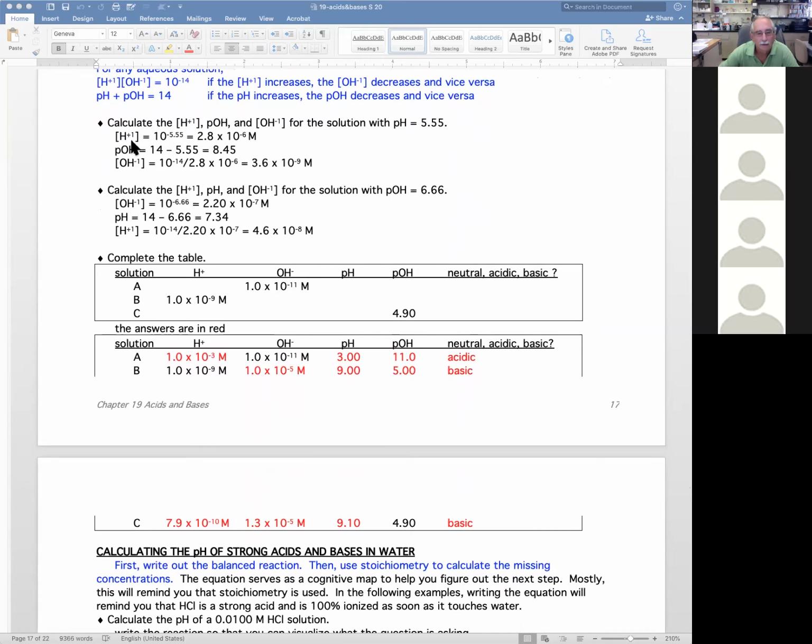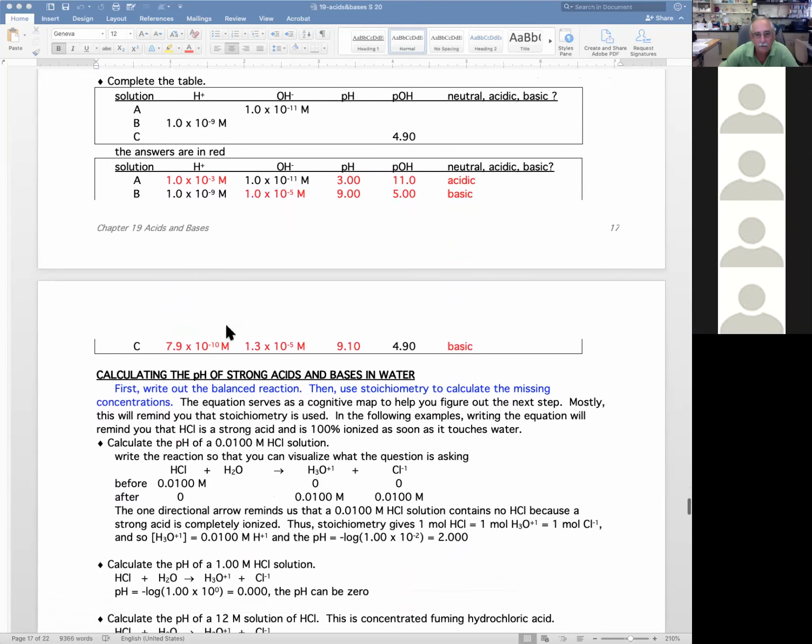So I can't waste your time doing this, but here I get 1, 2, 3, 4 things. I'm giving you one of the 4 things. You should be able to solve for the other 3. Same thing here, same thing here. So you just have to sit there with your calculator and make sure that you know how to do those calculations.